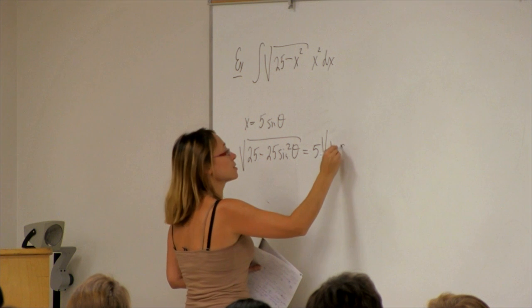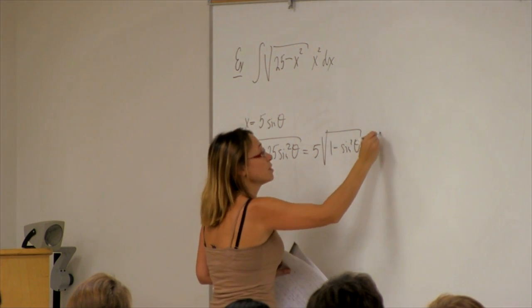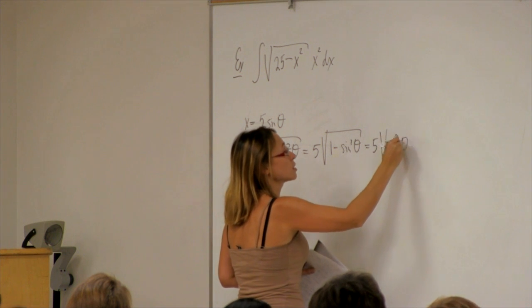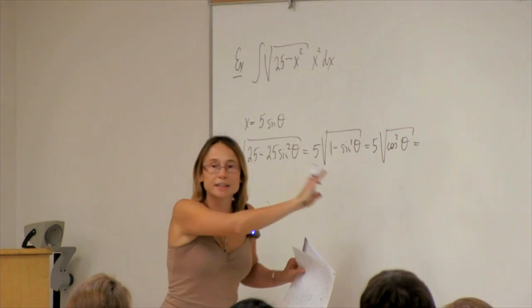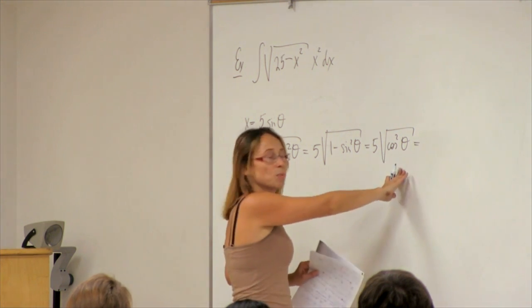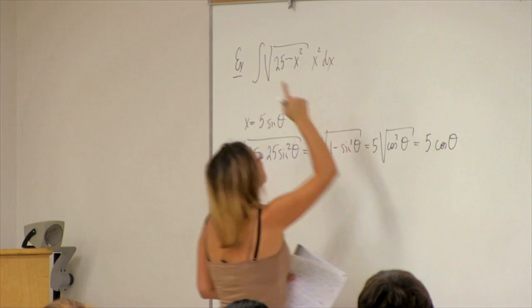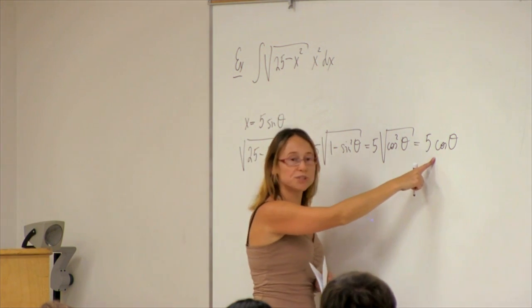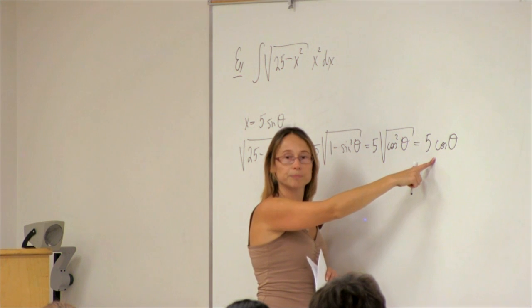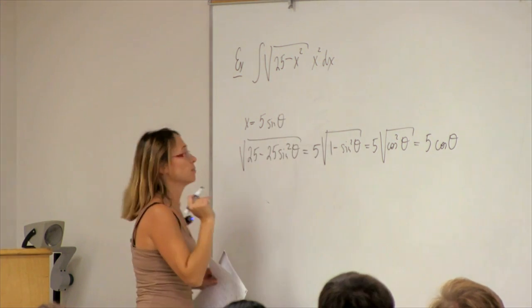And it's 1 minus sine squared theta, which is 5 times the square root of cosine squared. And because of the choice of the domain, I can rest assured that this is a positive quantity. So it's simply 5 cos theta. So instead of the square root, after this substitution, I end up with cosine. And it's a lot better. Okay? As long as I can take care of the rest. And let's see how this is done.